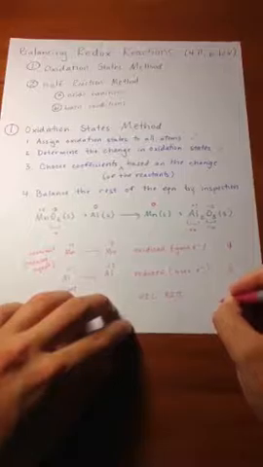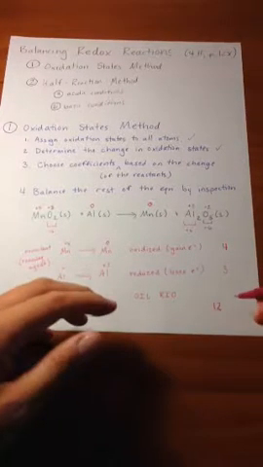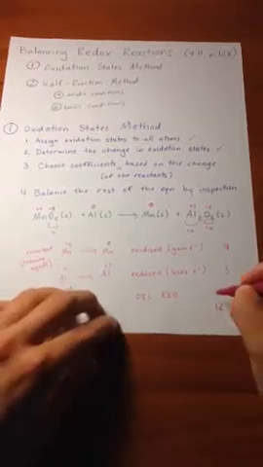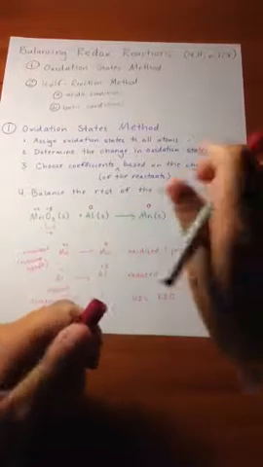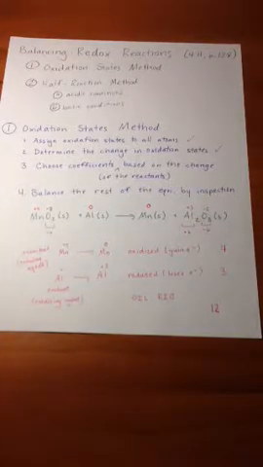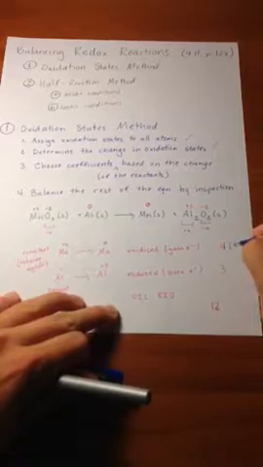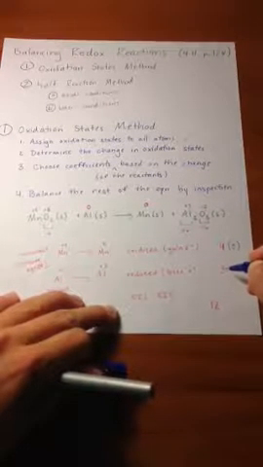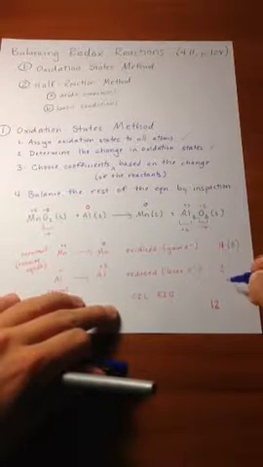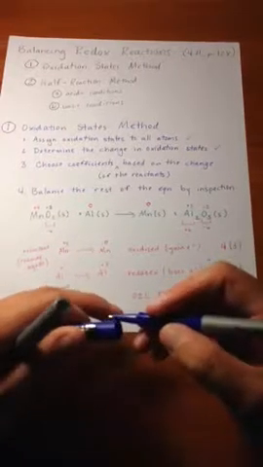And in this case, that would be 12, because 3 and 4 are both factors of 12. Now we ask ourselves, what do we have to multiply 4 by to get us to 12? The answer would be 3. And now we ask, what do we have to multiply 3 by to get us to 12? That answer would be 4.